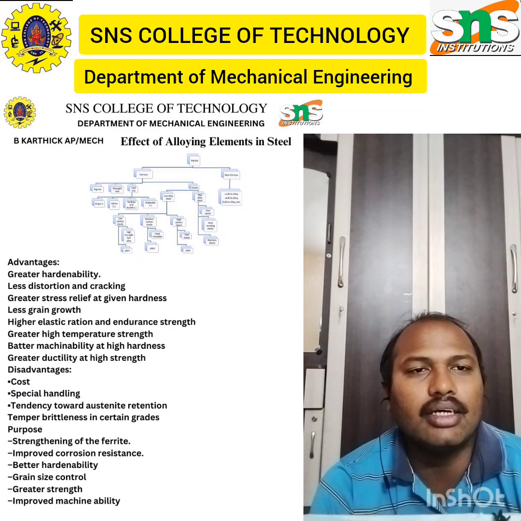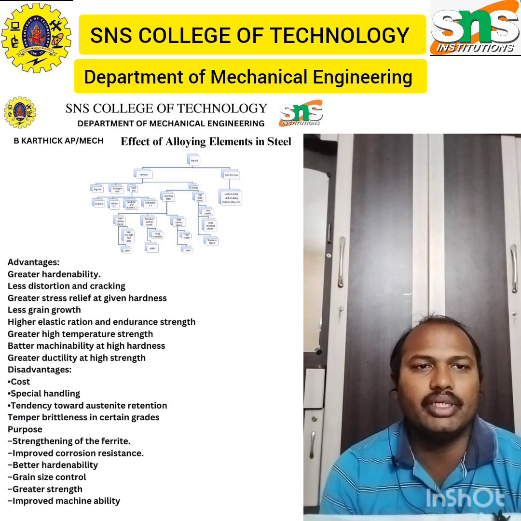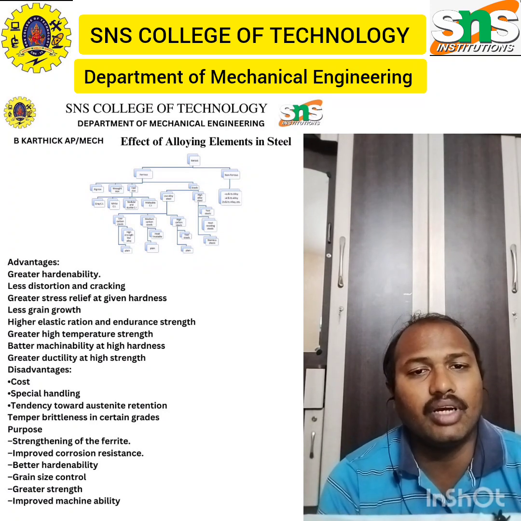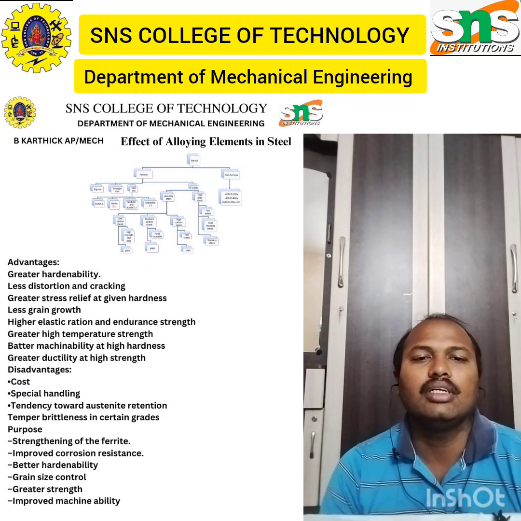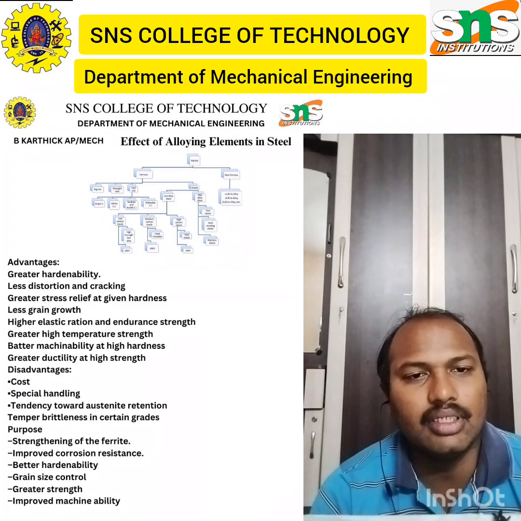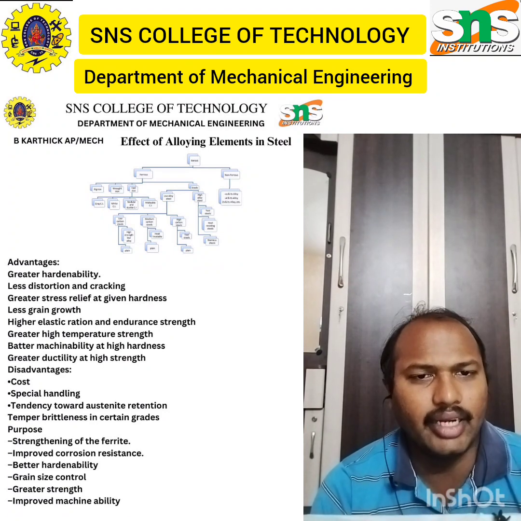If we add alloys, we can have a steel which has greater hardenability, less distortion and cracking, greater stress relief, less grain growth, works at a higher temperature with high strength, and has better machinability and greater ductility.